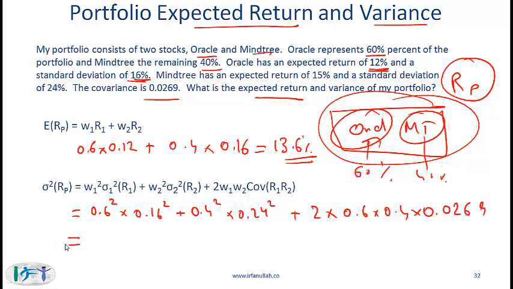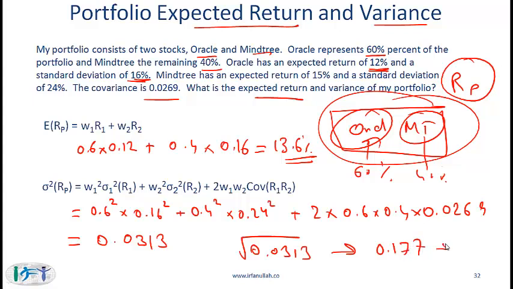You do the calculation and should get 0.0313. This is the variance of the overall expected returns of the portfolio. If you want to compute the standard deviation, all you do is take the square root of that number, and that will give you 0.177, which is 17.7%.